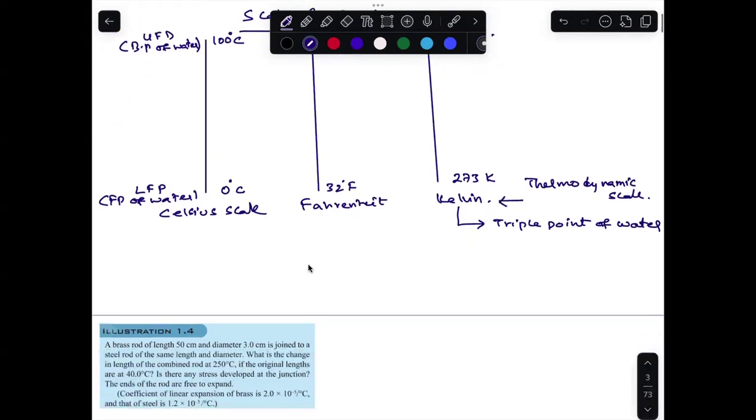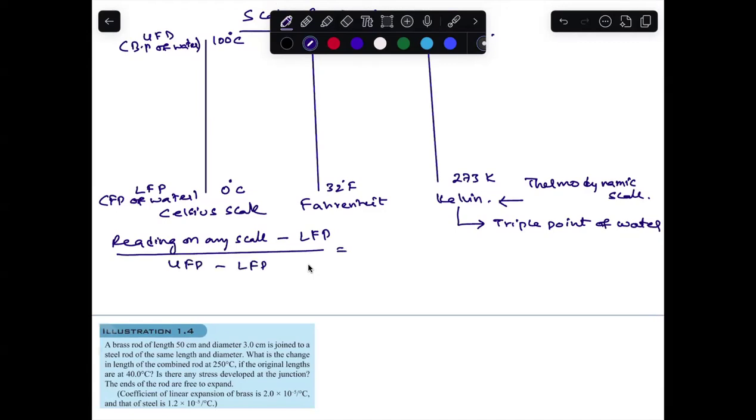So in general, if I wish to construct any thermometer, I have understood that the thermometer is to be constructed mostly in a linear way, such that the reading on any scale minus the lower fixing point, divided by the upper fixing point minus the lower fixing point, must be constant.